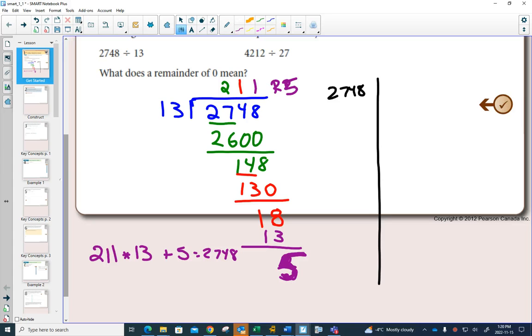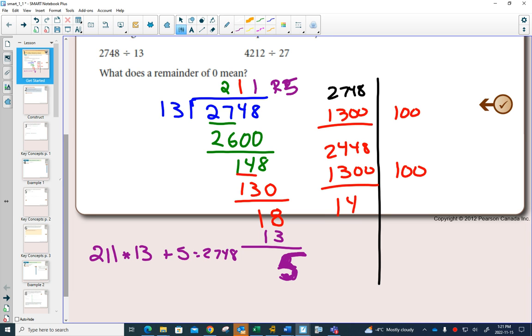And they say, well, if I took 100 13s, that'd be 1,300, and then I'd be left with 2,448. I could take another 100 13s, and now I'd be left with 1,448.